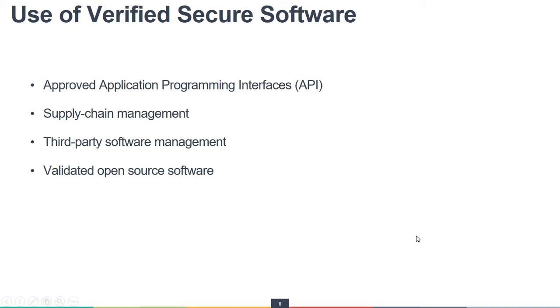Use of verified secure software. Here, the approved APIs. In terms of cloud deployment, APIs are the most powerful mechanism by which the cloud providers expose functionality, and hence it becomes very important to maintain the security of these APIs for the overall security of the cloud environment and its applications.